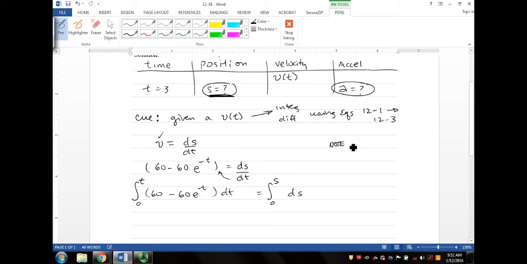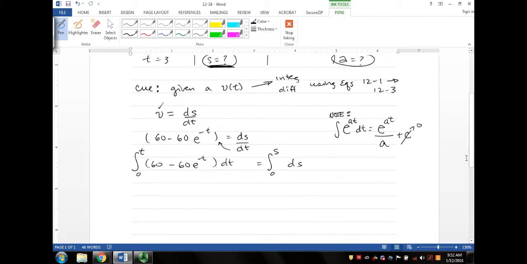You should note that the integral of e to the at dt is given by e to the at divided by a plus c, where we'll assume c is 0. So in our problem, this a variable is actually -1.